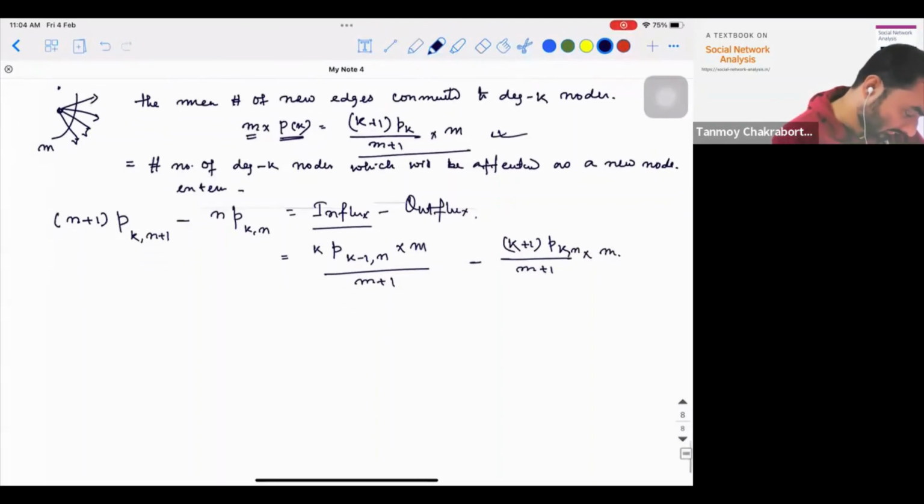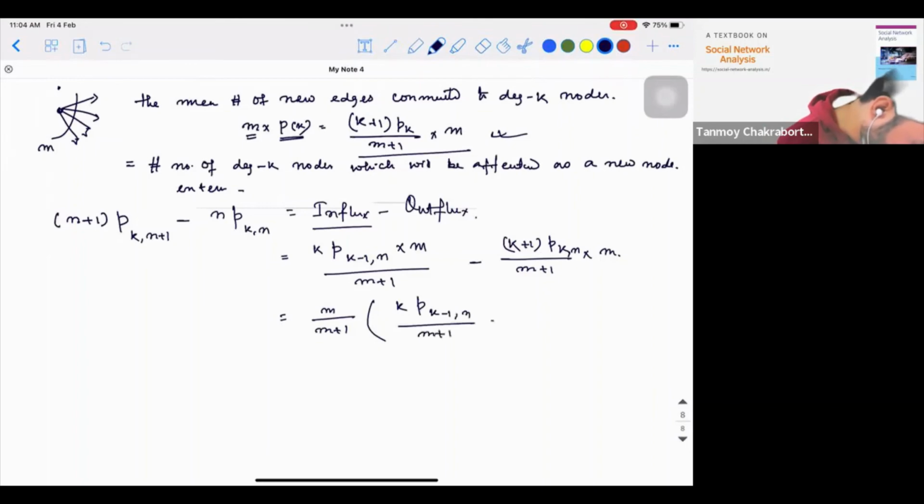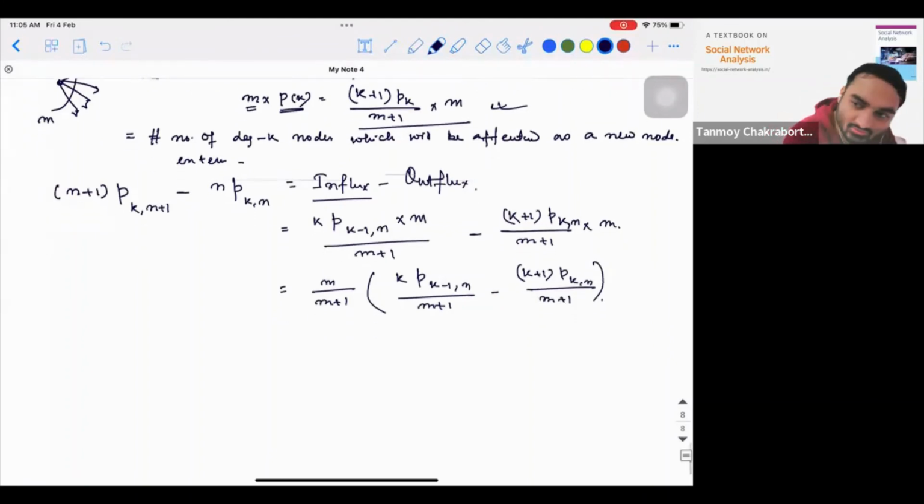So m by m plus 1 is common. So k p(k minus 1),n by (m+1) minus (k+1) pk,n by (m+1). Now this is true when k is greater than 0.